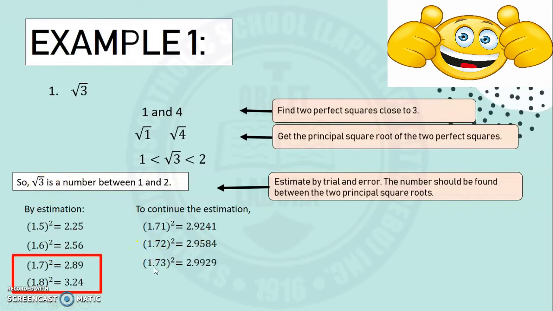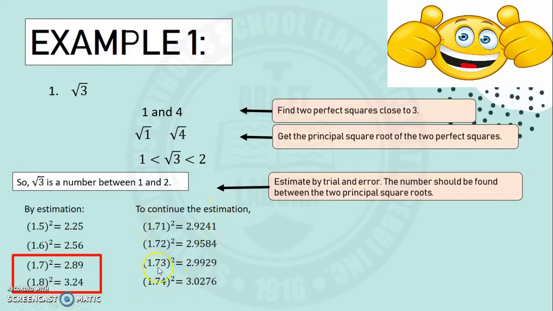Next, 1.73 squared is equal to 2.9929. And let's try 1.74 squared, which is equal to 3.0276. As you can see, 1.74 squared is already a number after 3. So this can be cancelled out. This can be cancelled out.